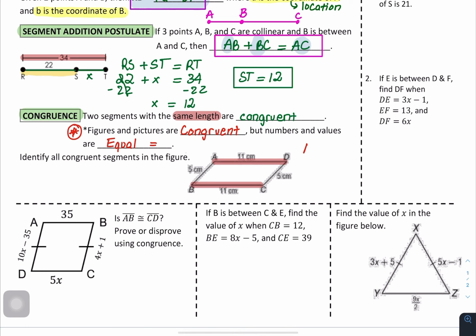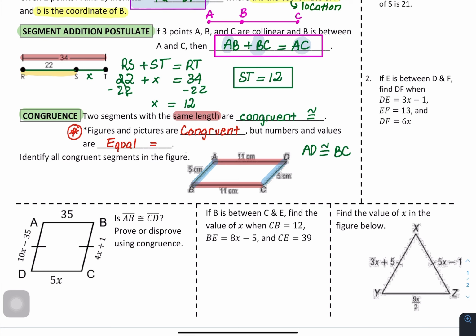So AD is congruent to BC because 11 equals 11. Similarly, we have AB and DC. AB is 5 centimeters.